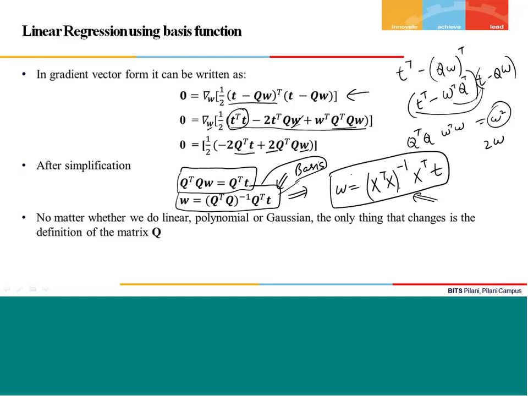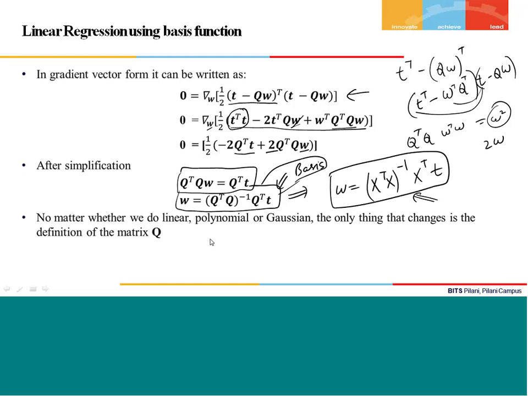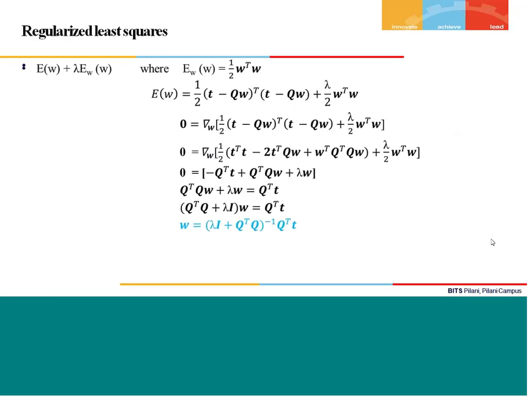Every time I change my basis functions, this matrix will change, and this matrix is known as the design matrix, right? Conveniently, you can put any linearity or non-linearity, whatever you want. For example, if you want to put it into n-dimensional space, you can choose accordingly what basis function you want. So this is the only difference.